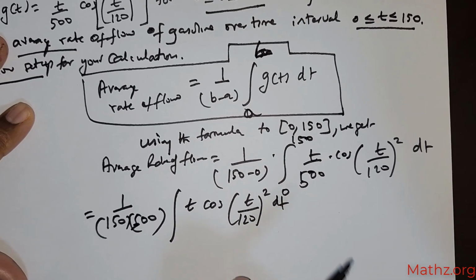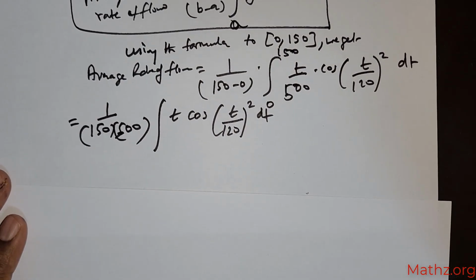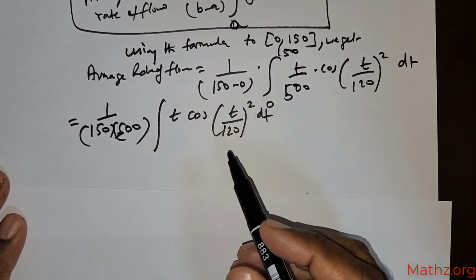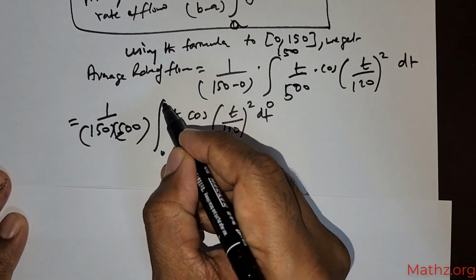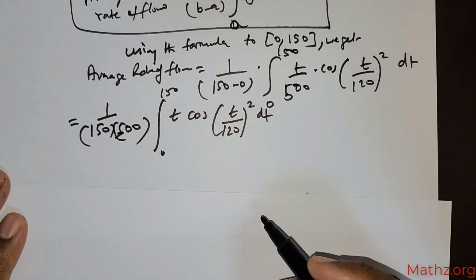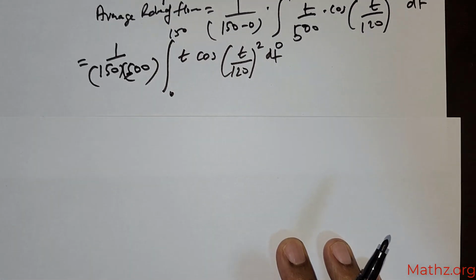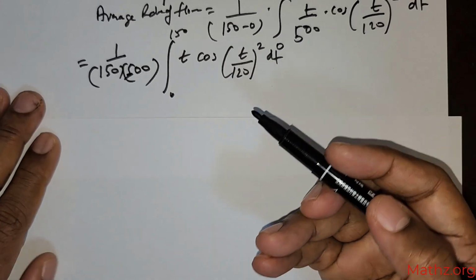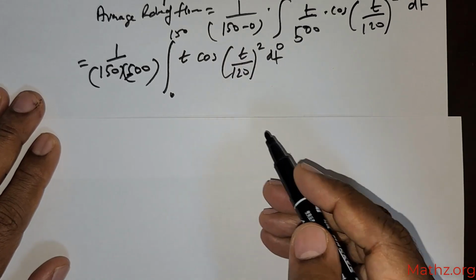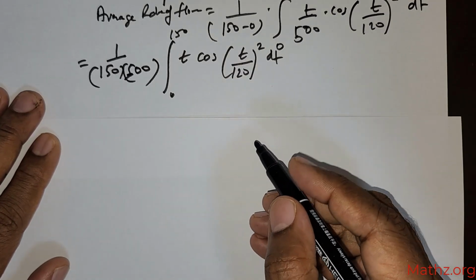So now we need to integrate this. You can actually use your calculator to get the solution. That is fair enough, but I do not have a calculator that has the ability to evaluate this, so I'm just going to use some calculus.